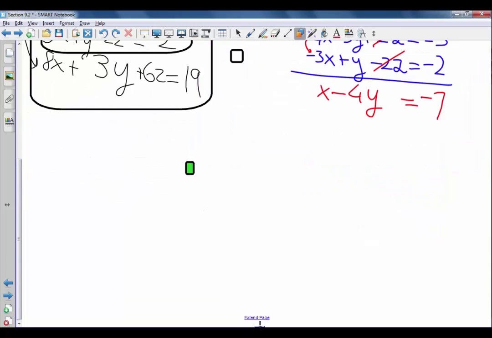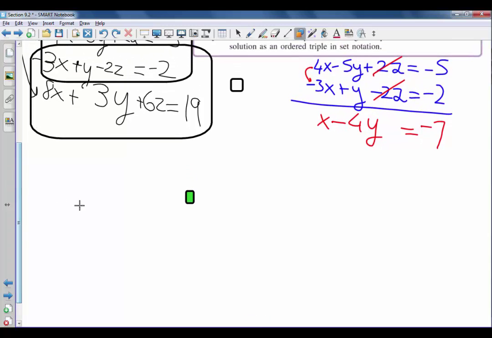Alright, what are we gonna do? Same work you did here will be done between these guys, but for z. You're eliminating z again. So I will take it to the side. Minus 3x plus y minus 2z equals minus 2, plus y, and 8x plus 3y.